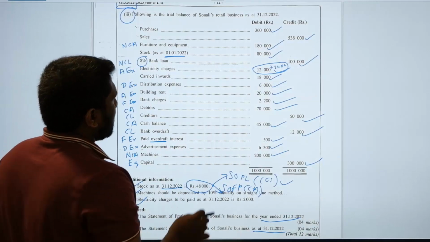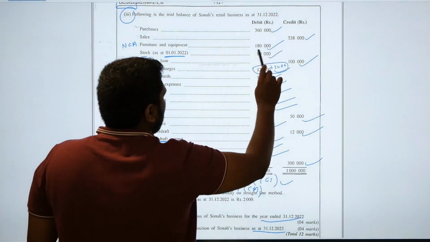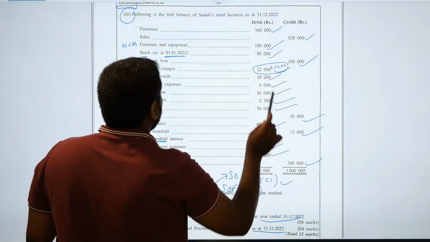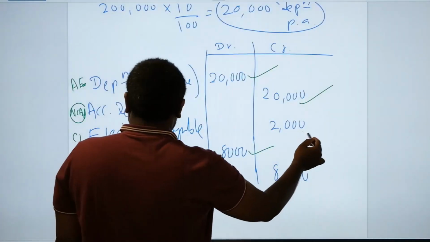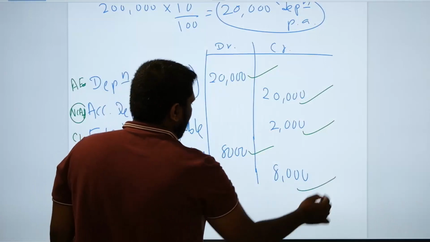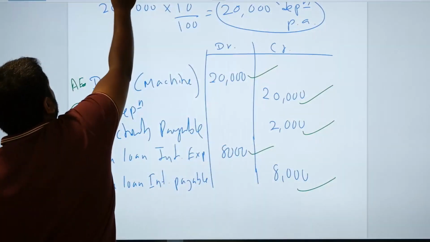So I think we are done with all the items. Everything done here. And items we added: electricity payable 2,000, bank loan interest payable 8,000. So here also everything done.